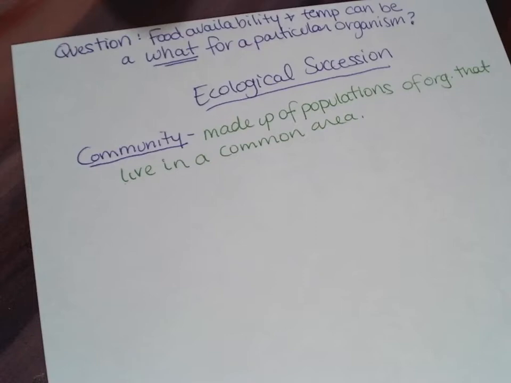You have trees, you have grasses, you have insects, you have people, whatever is in that same area. There are different populations. So a community is all of those populations in a specific area. So if the area is your backyard, the community is all the living organisms in that area. Okay?